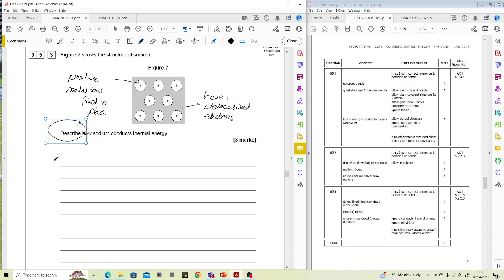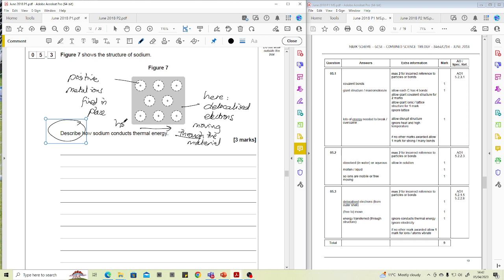Okay, so how does it conduct thermal energy? So you've done much more practice on conducting electric current. So we've got to make sure that we understand that when thermal energy is transferred, yes, vibrations are passed on, but that's an energy transfer by things bumping into each other. But here we've got the delocalized electrons actually moving, and they're transferring thermal energy through the material. So again, we've got some kind of direction to the movement, say.